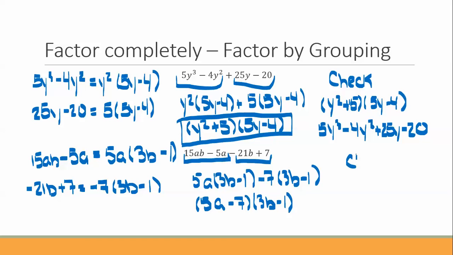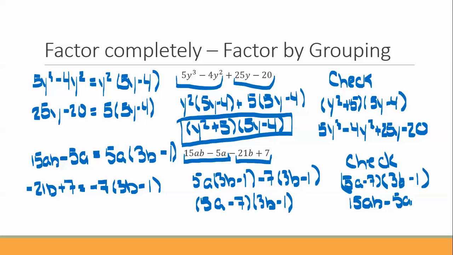Checking our answer. 5a minus 7 times 3b minus 1. We get 5a times 3b is 15ab. 5a times minus 1 is minus 5a.